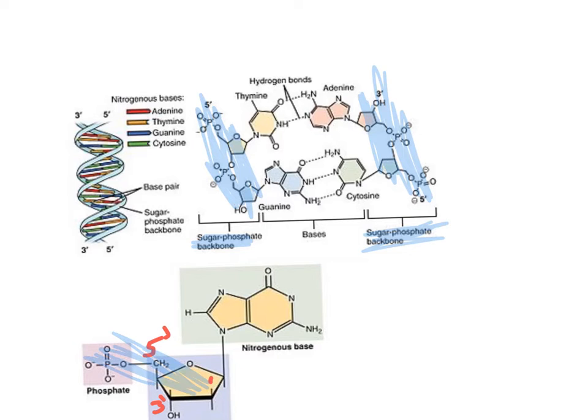All right, so I hope when you look at the sugar-phosphate backbones, you see here and here and here, that again they are represented by this blue line. You can also identify that there are nitrogenous bases in between them that are held together. This holds this strand of DNA to this strand of DNA by these hydrogen bonds.